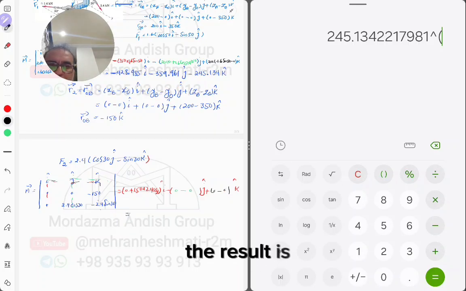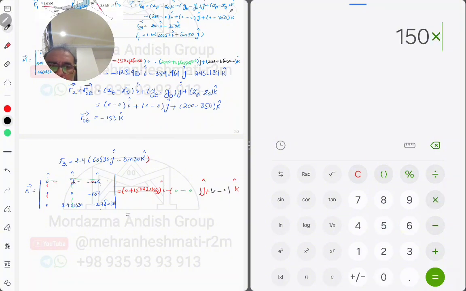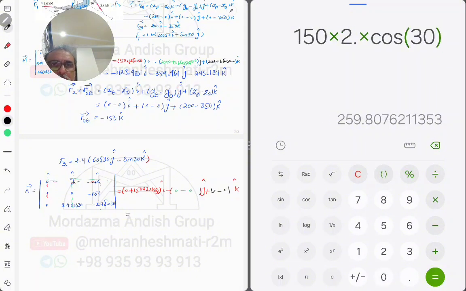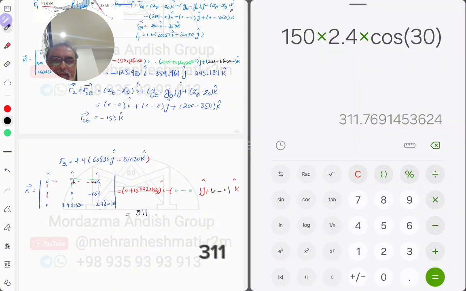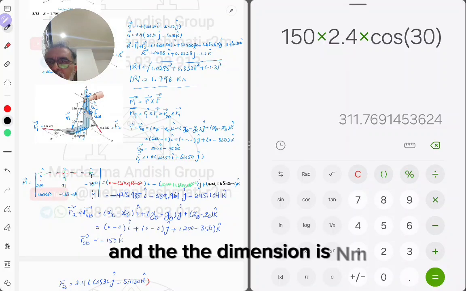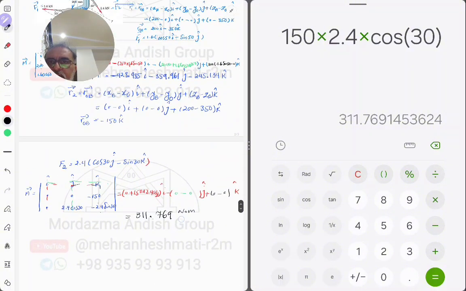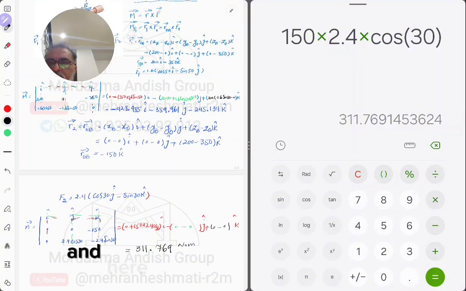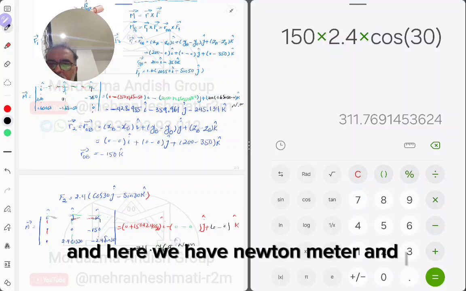So the result is 150 multiply 2.4 cosine of 30, which is 311.769, and the dimension is Newton meter, and here we have Newton meter and i.